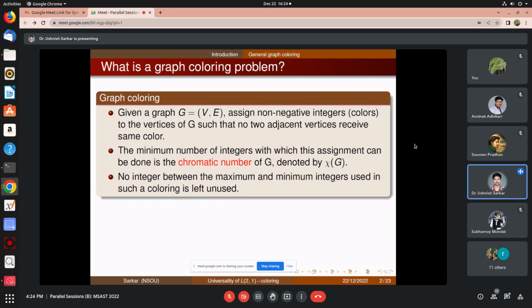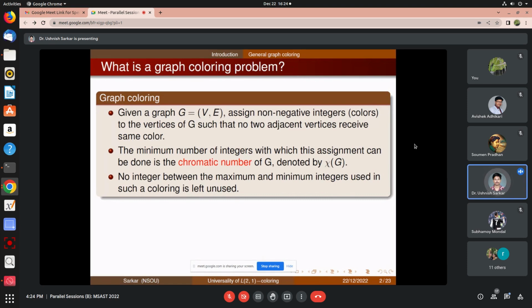It's kind of like assigning colors to the political map of West Bengal, where we assign different colors to different districts in such a manner that no two adjacent districts receive the same color. Now, the minimum number of colors we need for this assignment is termed the chromatic number of the graph, and it is denoted by chi of G.